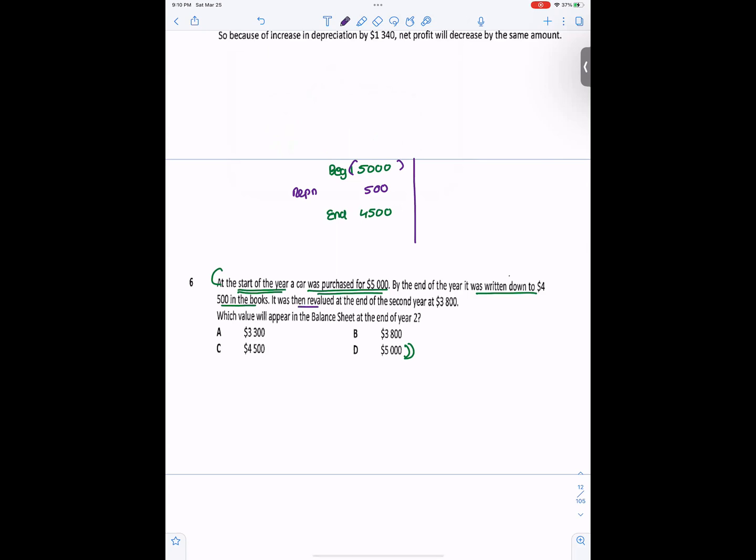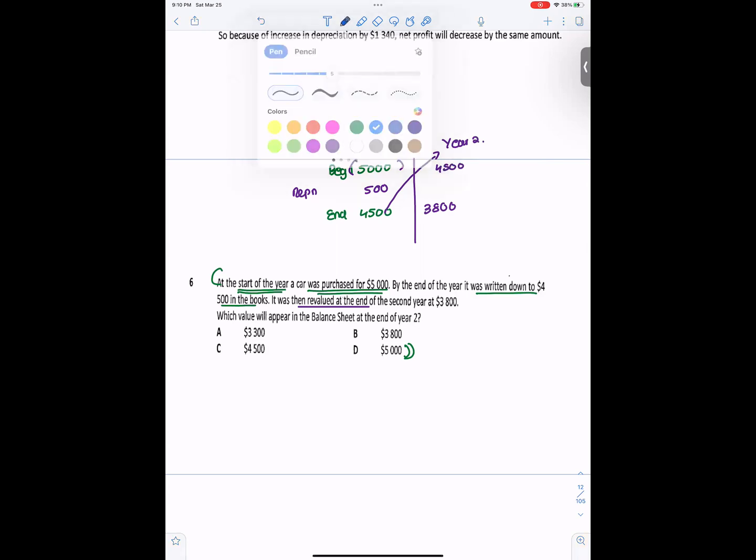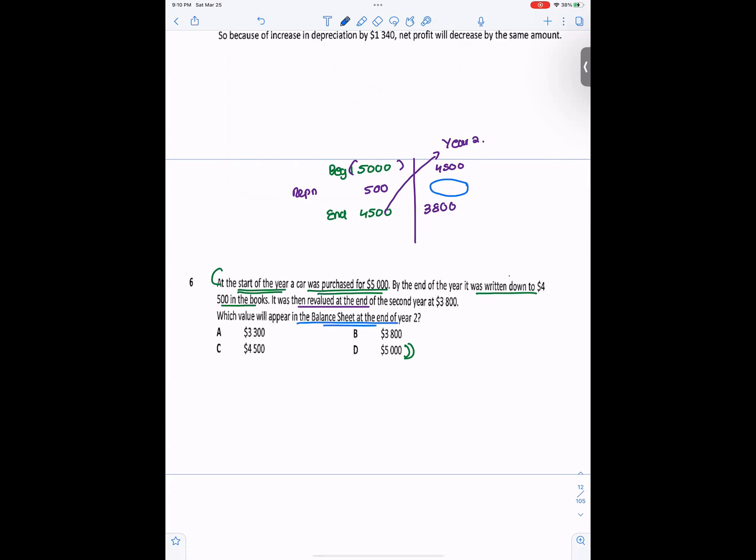Then it was revalued at the end of year 2 at 3,800. So that means at the beginning of year 2, its value was how much? 4,500. So what value will appear in the balance sheet at the end of year 2?